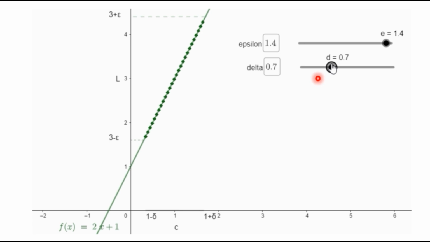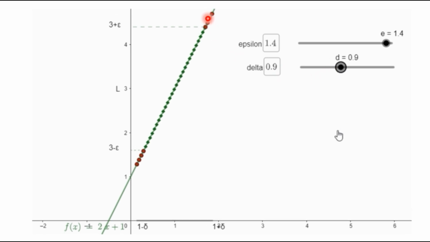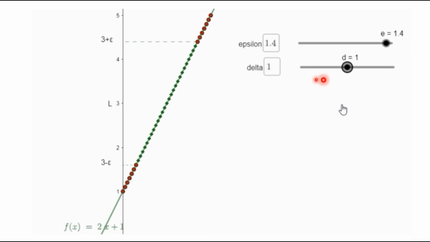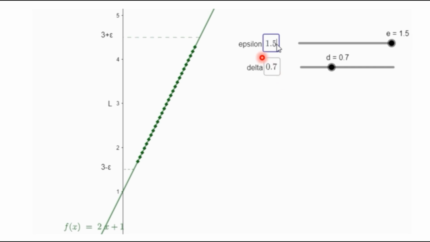If you adjust further, then there is a problem. Some points are going outside the epsilon restriction, meaning you cannot go beyond 1. I think when we crossed 1, then points are already outside. So 0.7 is okay.